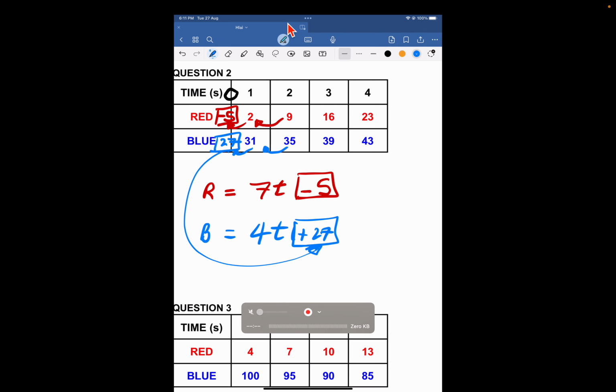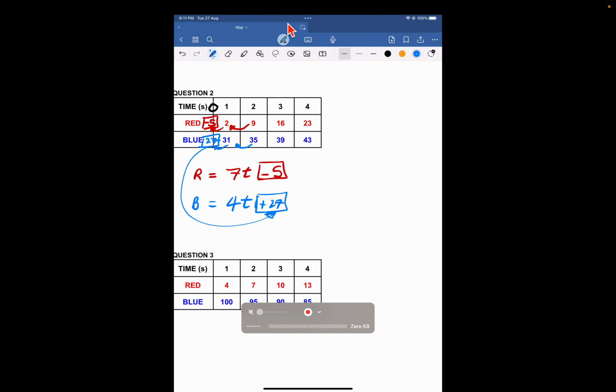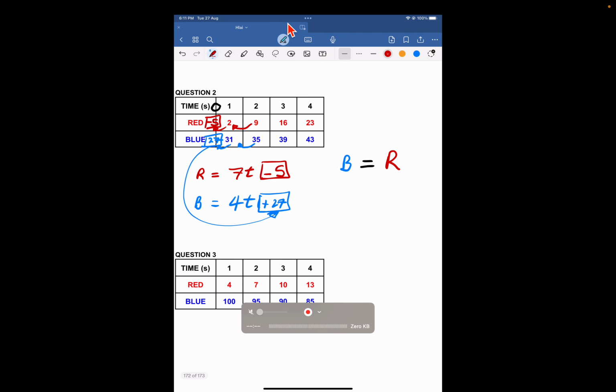And so we want to know when will the red number ever be the blue number. So we can try an equation, right? When will the blue ever be the same value as the red? Well, let's write down 7t minus 5 equals the blue, 4t plus 27.